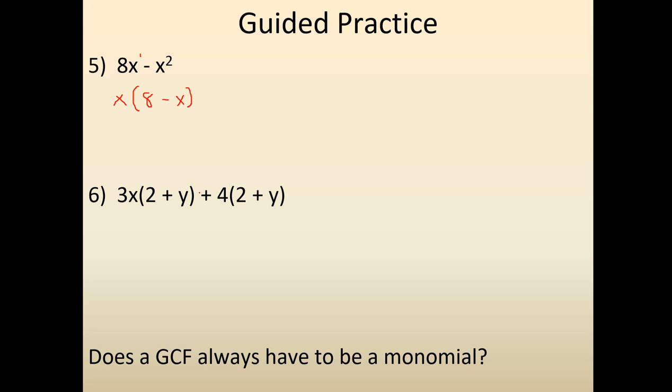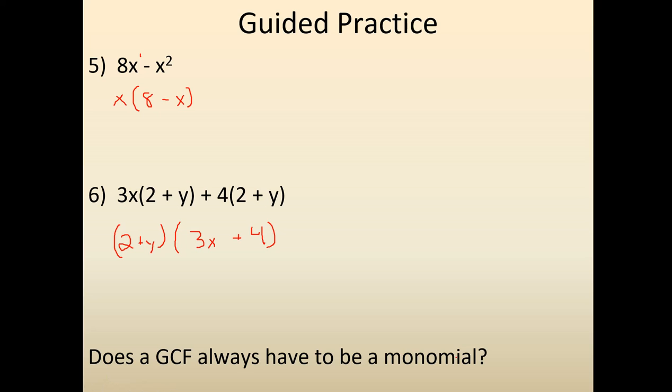They share 2 plus y, because this is multiplied by 2 plus y and this is multiplied by 2 plus y. So I'm going to pull out 2 plus y from both these terms, and then I'm just going to leave what remains. There was a 3x in that first term, and there was a 4 in the other term. So this would be the factors for this expression.